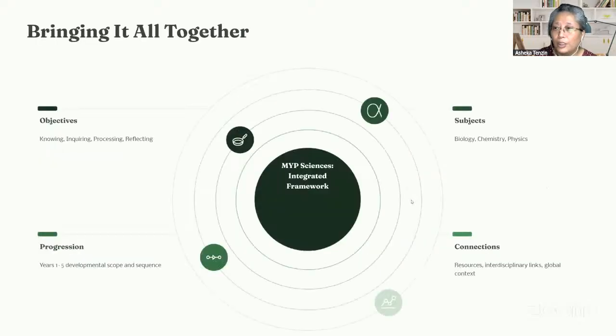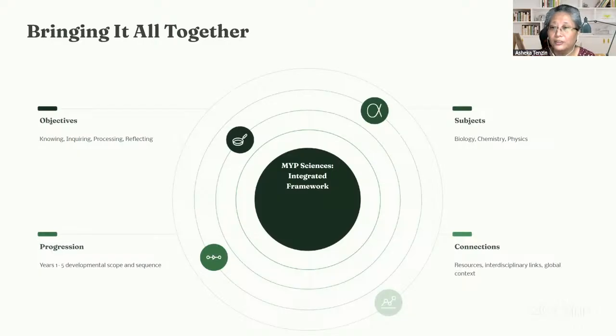Okay. So now, bringing it all together for today's session, what did we look at? We looked at the objectives of the subject. The learning objectives of the subjects are the same as the assessment objectives. Knowing, inquiring, processing, reflecting, criteria A, B, C, D. Then what are the subjects that you're going to teach?